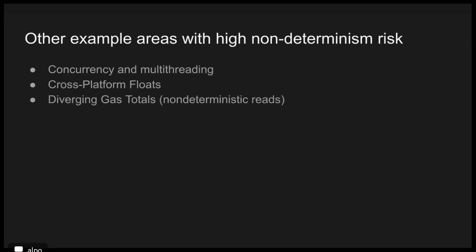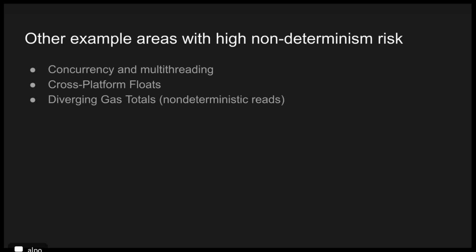If you have determinism everywhere else in your code base, this is usually fine. But sometimes reads from state can be non-deterministic, like in one of the earlier examples, and this can lead to two validators getting a different gas amount for the same transaction, and that breaks things as well.